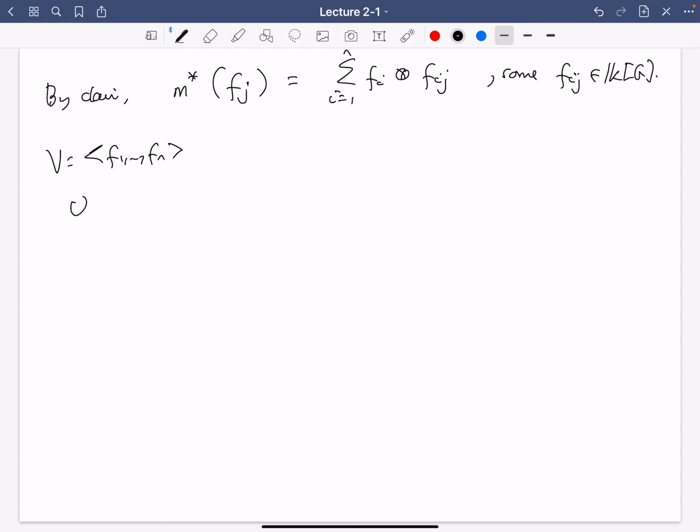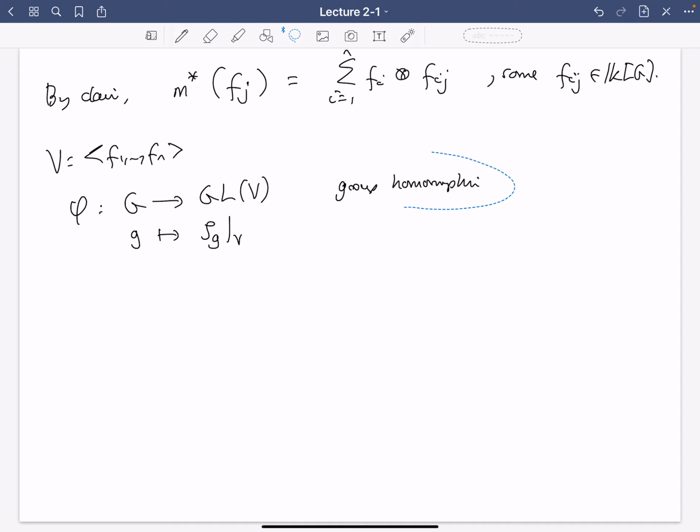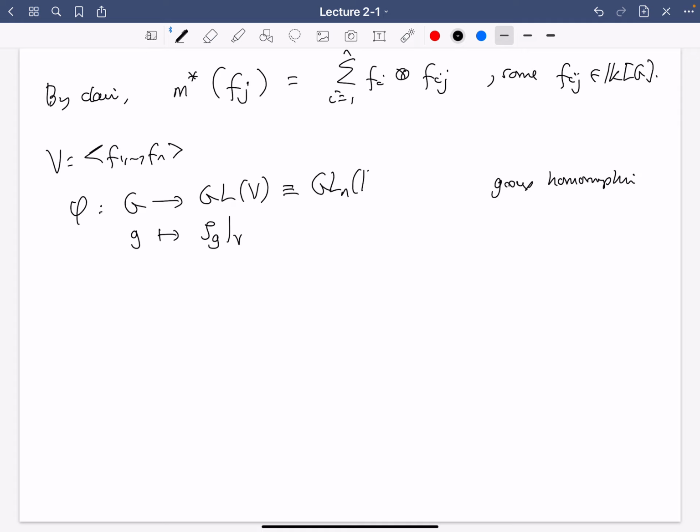Now I'm going to look at this homomorphism phi from G to GL(V) that I talked about earlier, sending g to this right translation restricted to V. So this is a group homomorphism. But I've got my basis f1 through fn picked for my V, so this is actually just GLn of k via that basis.